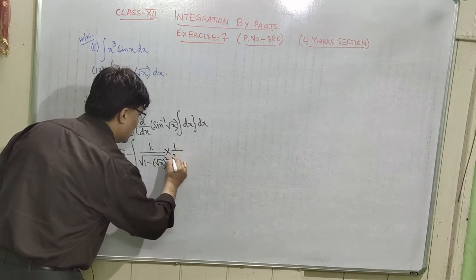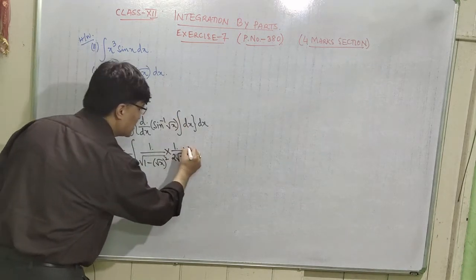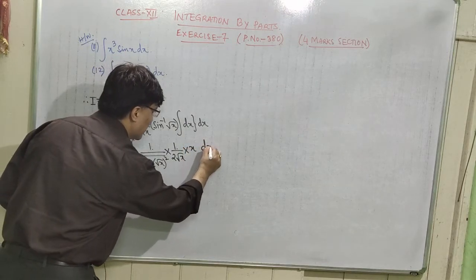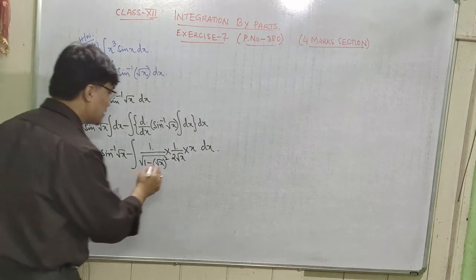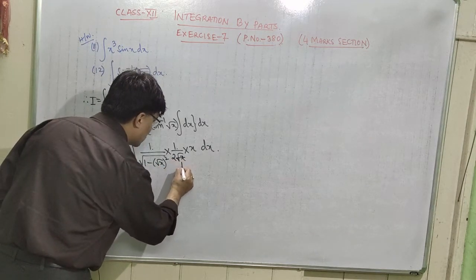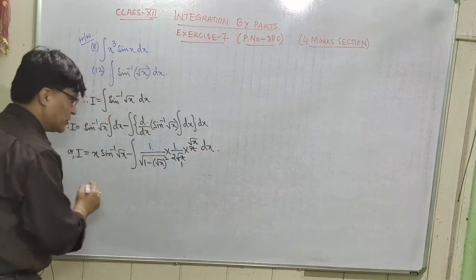It is 1 by 2 root over x into, what is the integral of sine dx? That is your x. Then what do you write? dx. Is that clear? Next, you can cancel it. Root over x, 1s are root over x. Root over x like what times? Root over x.